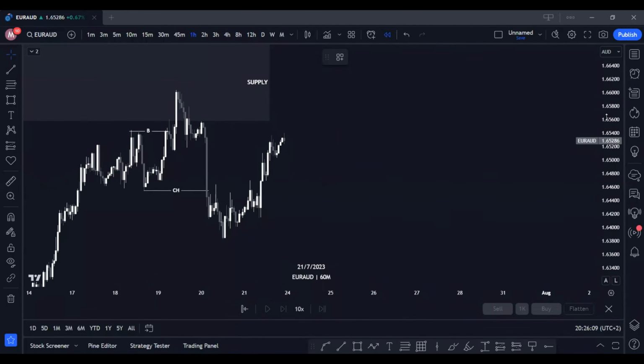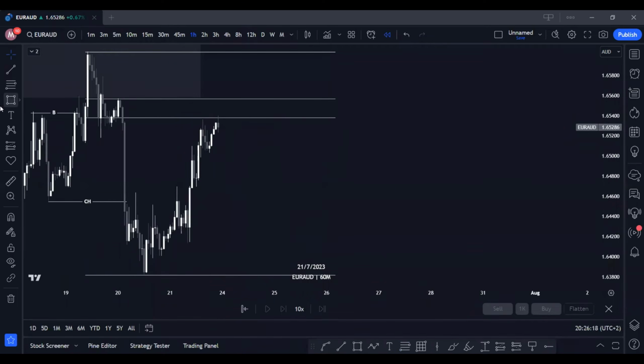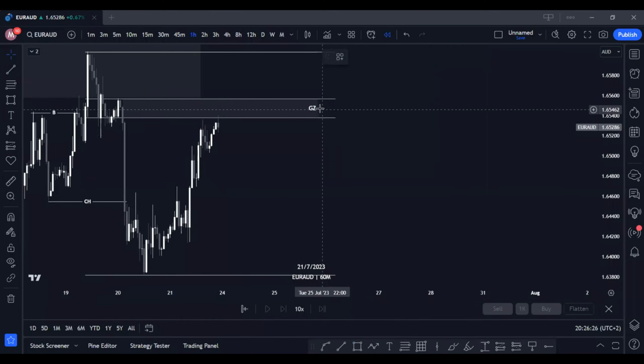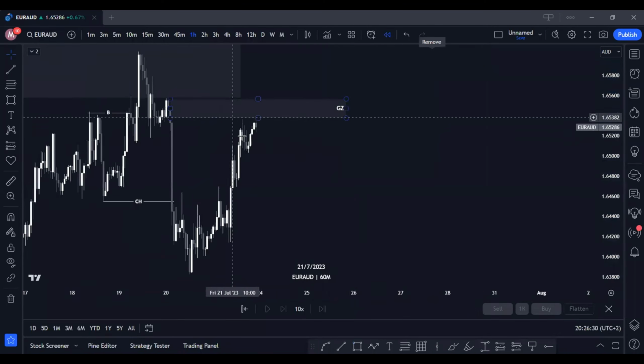Okay, so now where do we take our entries from? We can place our golden zone from our high to our low here, and this is where we're going to take our selling opportunities, okay, from our golden zone entry. And as you can see, price has already tapped us into our golden zone.